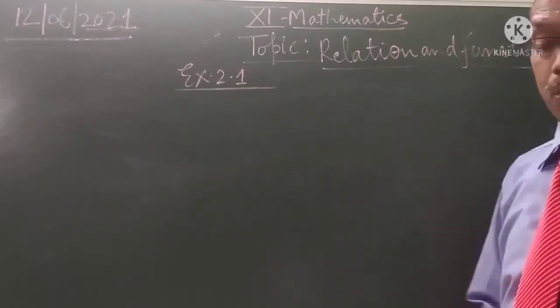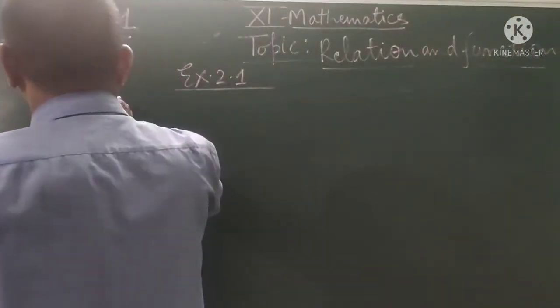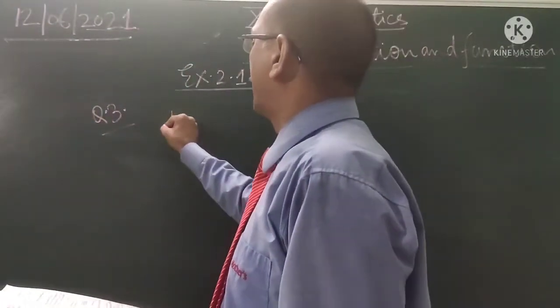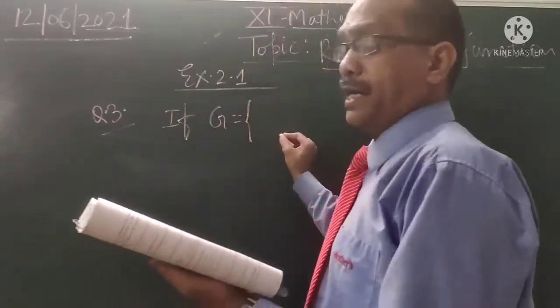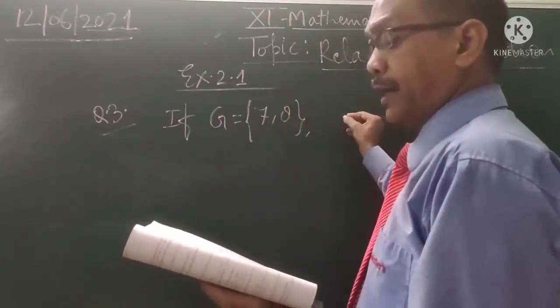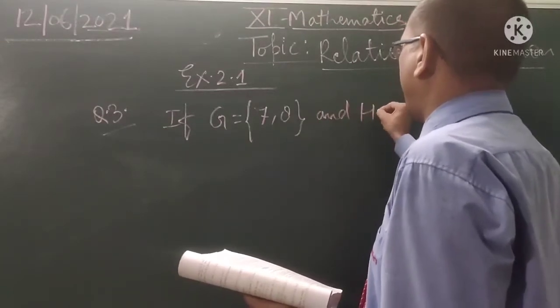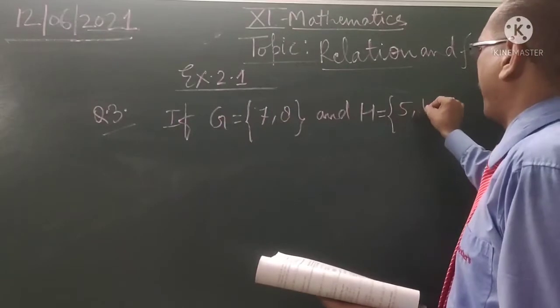Students, now question number 3. If G is one of the sets having elements 7, 8 and H is another set having elements 5, 4, 2.